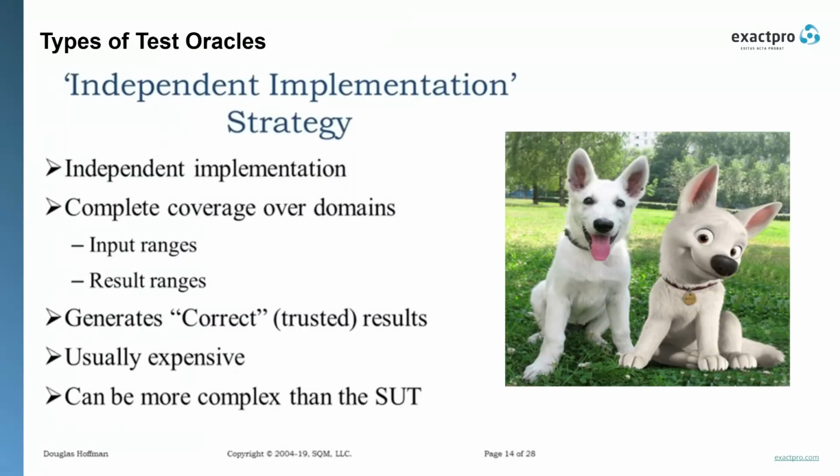Well, independent implementation. Here, of course, there are difficult things for the current foundation models. Previously it was possible to have a model and then use this model as the reference point. So you have an independent implementation, and then you submit the same input into the system under test and into your model.